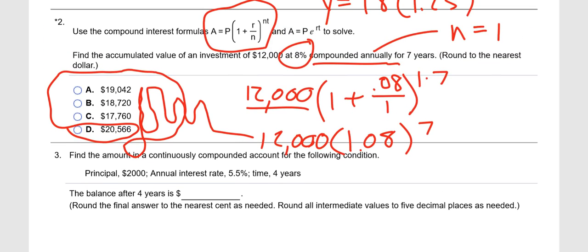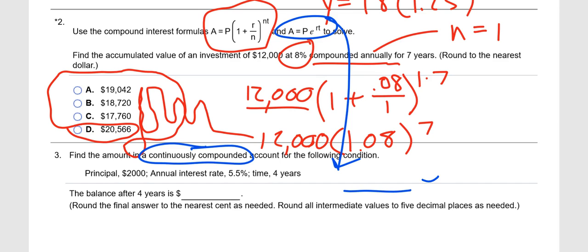Okay, now. This next one says it's compounded continuously. All right, so which of the 2 formulas in the above question would I be using? The PERT formula, right. Compounded continuously. Okay, so 2,000 does go in front.